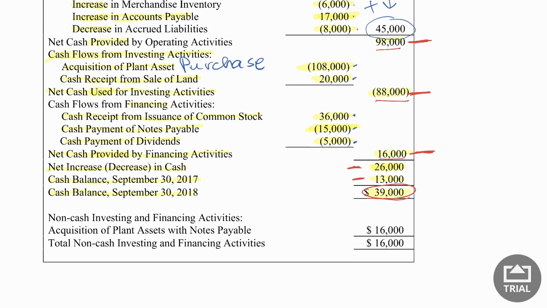I'm going to double check, and I'm going to look back on my balance sheet, and I'm going to cross my fingers. Actually, I'm not, because I know I'm right, because I have confidence in myself. But I'm going to double check, and I'm going to make sure that the balance sheet says that my 2018 balance was 39,000. And it does.